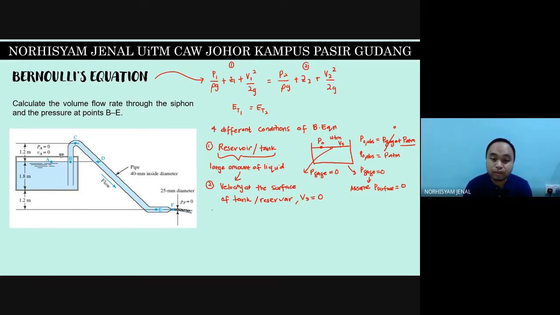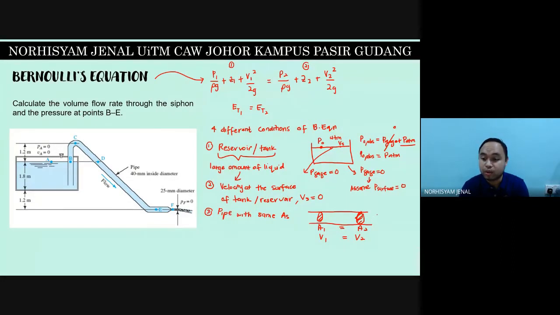Number 3, if you have a pipe with the same surface area, you will have a condition, for example, like this. If the surface area at point 1 and point 2 is the same, we can assume the velocity at point 1 is also the same as the velocity at point 2.